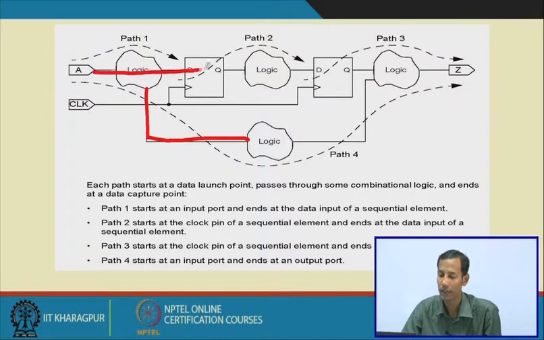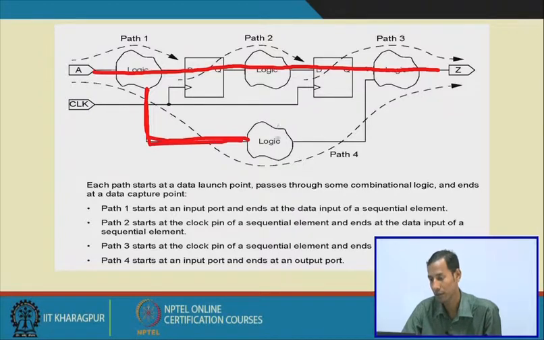One path is the A input, which passes through this register element and then the logic element in between, and it appears at Z. And there is a direct path which passes through this logic. This is a purely combinatorial path which also arrives at this particular point Z.